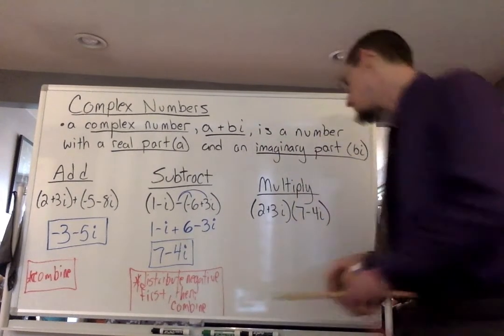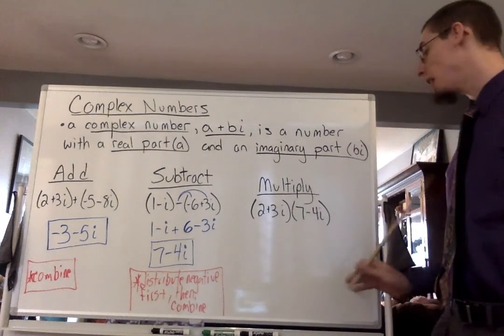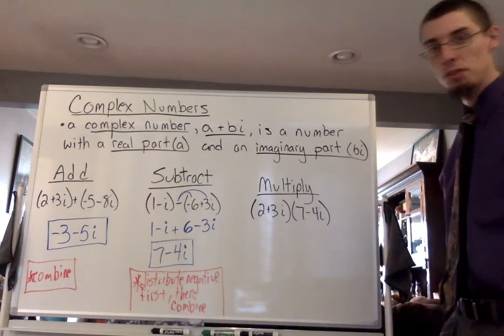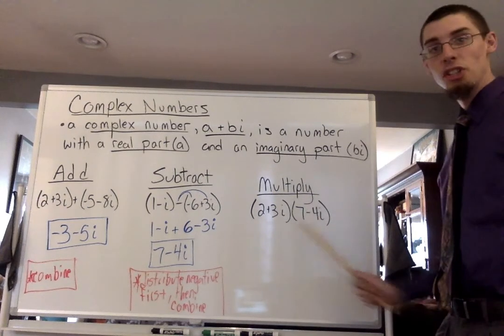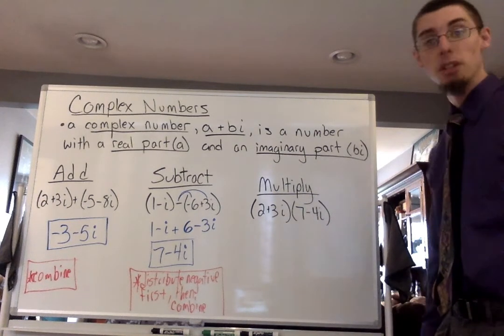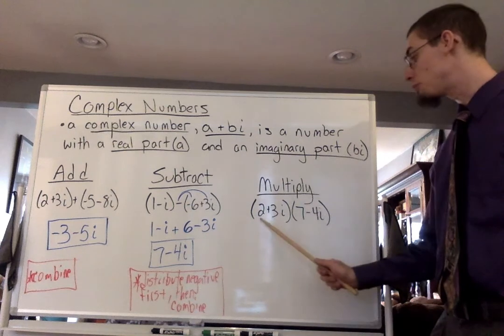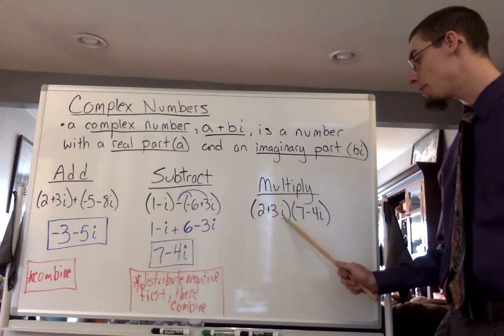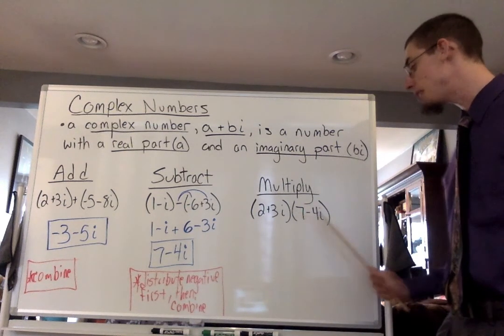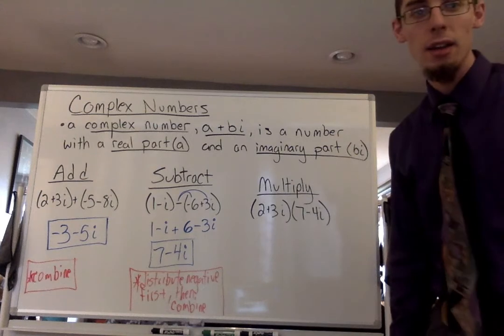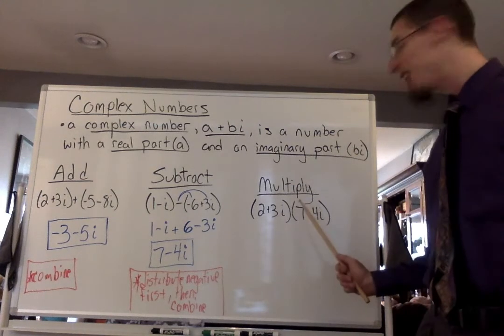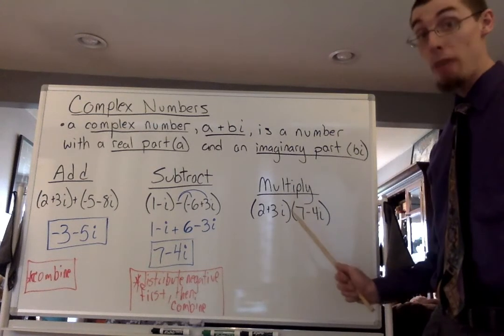Now, multiplying complex numbers. This actually should look very familiar to you. So you have 2 plus 3i times 7 minus 4i. To me, that looks like a FOIL method problem.